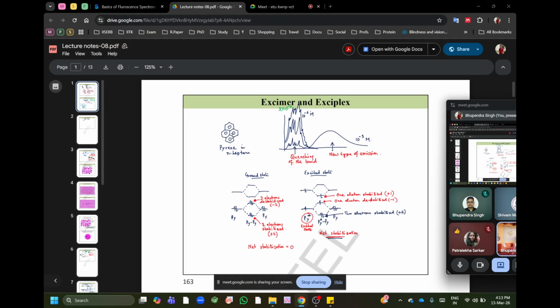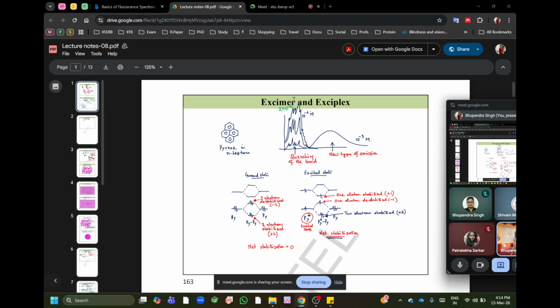So let's see what sir has explained in this example. He has taken the example of pyrene and heptane. See here, first at 10 to the power minus 6 molar concentration. After doubling the concentration, the intensity here is increasing.